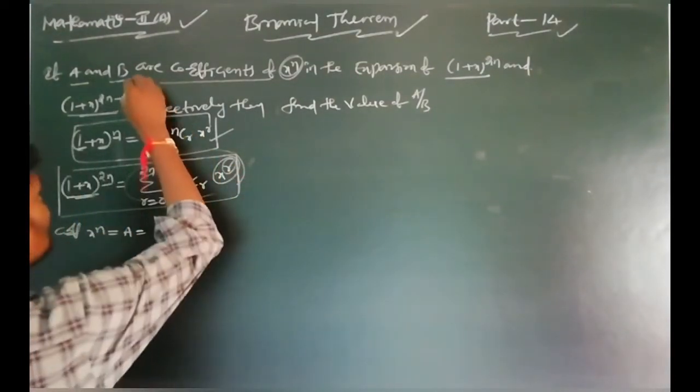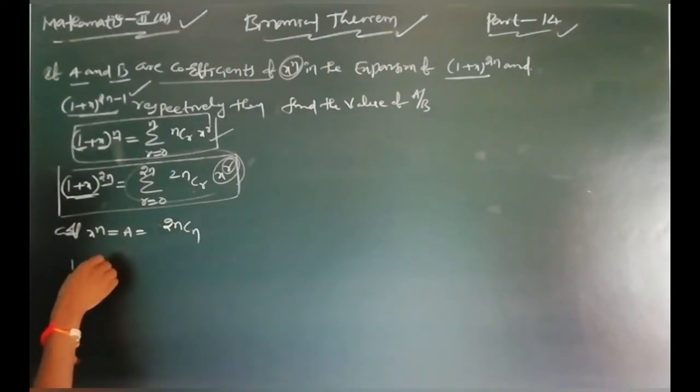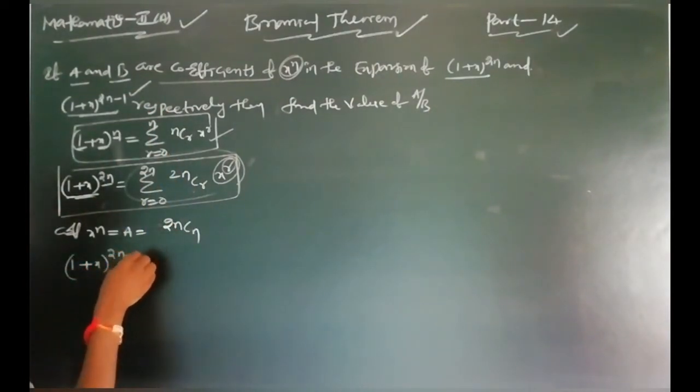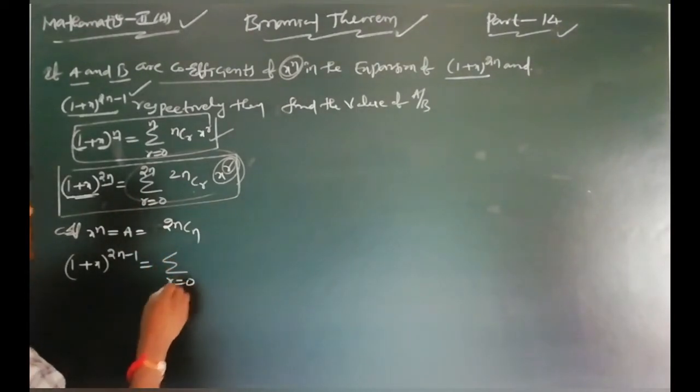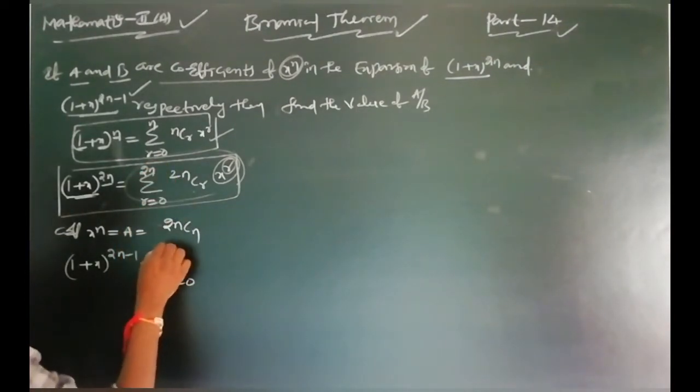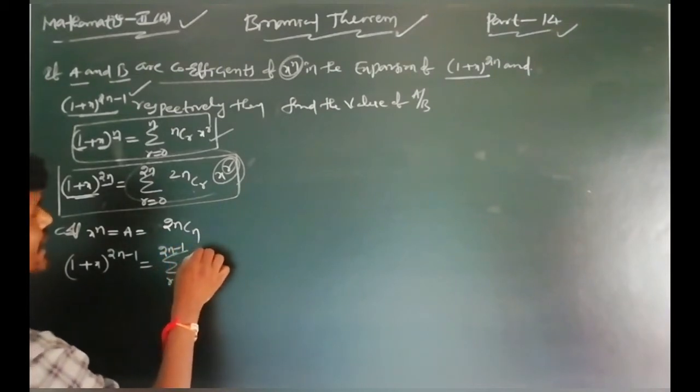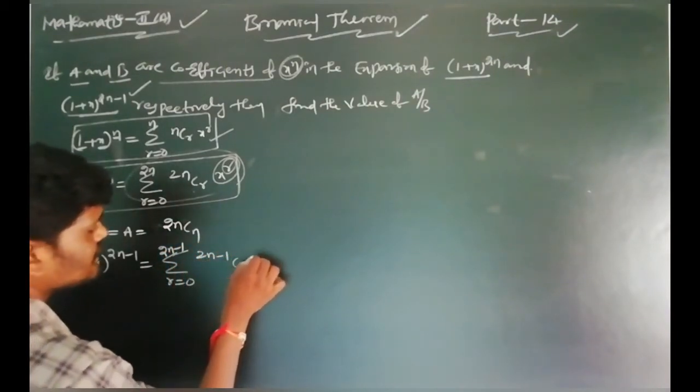After that, take the next expansion, (1 plus x) whole power 2n minus 1. Its simplest form is summation of r equal to 0 to 2n minus 1, (2n minus 1)Cr x power r.